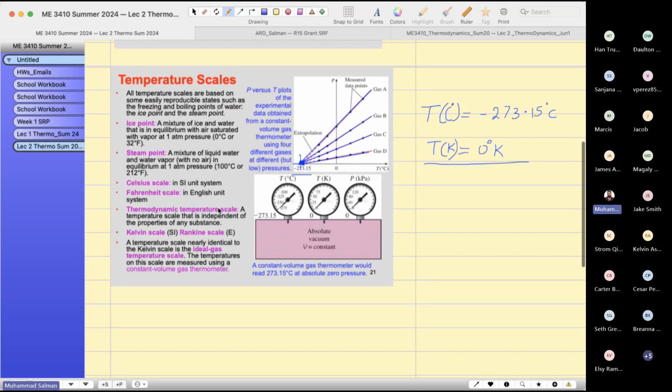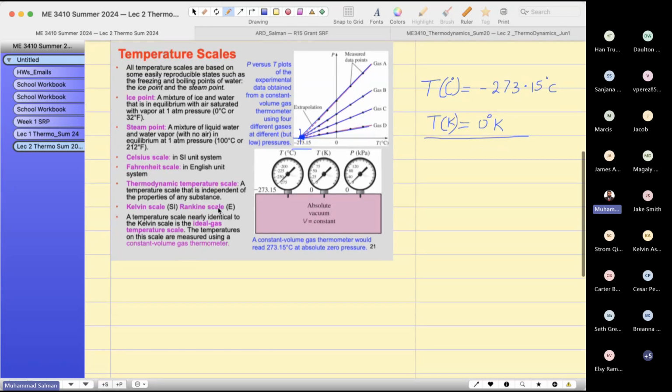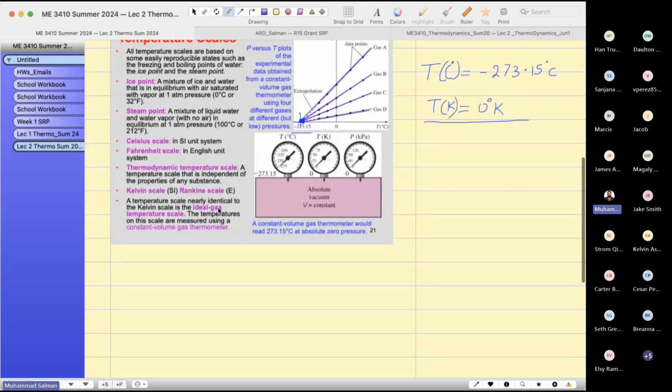Now there are different scales: Celsius in the SI system, Fahrenheit in the English system, and thermodynamic absolute scales. We call this the Kelvin scale, and the Rankine scale in the English system. In the SI system, we have the Kelvin scale. And how do we go from one scale to another?